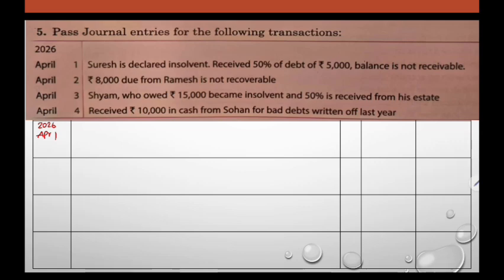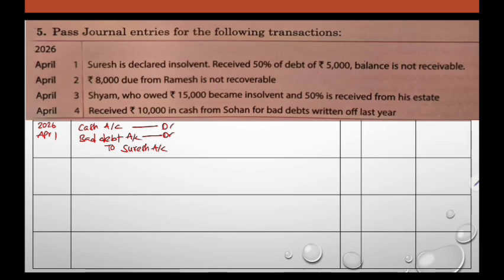Here 50% we are receiving, no? So cash account will be debited. And the remaining 50% not receivable, so we should debit bad debt account. The debtor became insolvent, that's why we are transferring to bad debt. Who is this fellow? Suresh. We write to Suresh account.